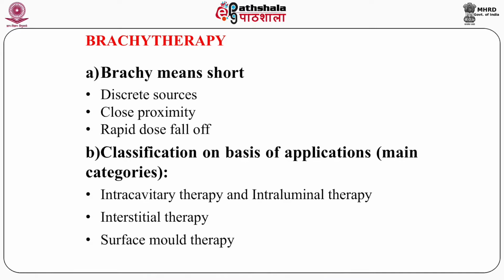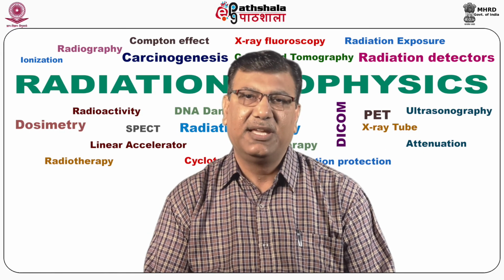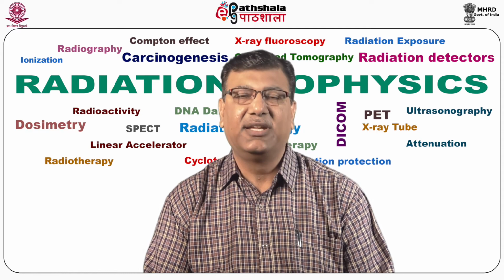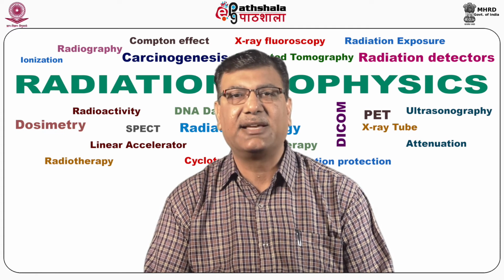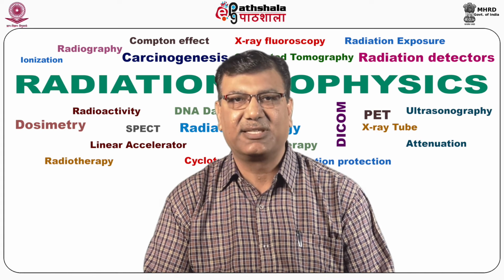The second classification is on the basis of application, where intracavitary therapy and intraluminal therapy are used, interstitial therapy is used, and surface mold therapy is also very useful. In intracavitary therapy, the source is placed inside the body, intraluminal for example in the esophagus, and intracavitary for example in carcinoma of the cervix.